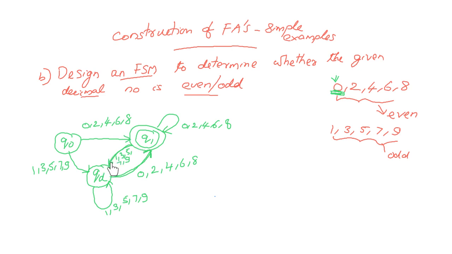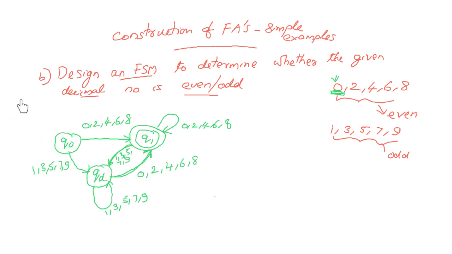Instead of doing that, you can also move to Q0. And from there, if you get a 0, 2, 4, 6, or 8, then again you can come back to Q1. So if you connect this transition path, it is equivalent. You can actually delete this transition path and connect this transition path to Q0. That will also work in a very equivalent way.